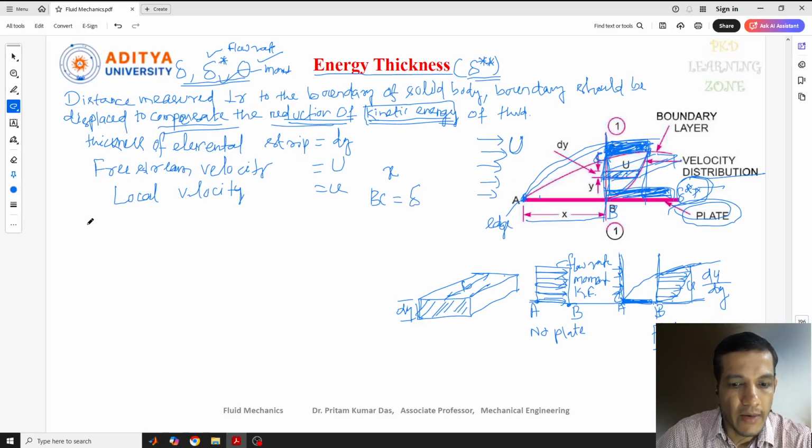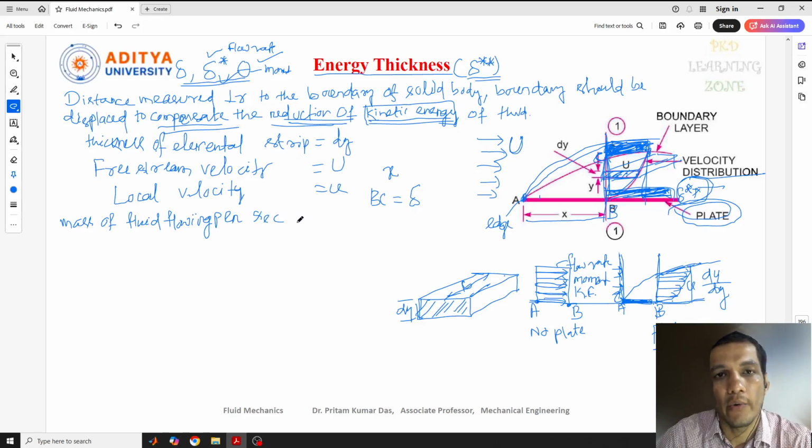Anyway, we will find out the mass flow rate. So write down the mass of fluid flowing per second through the elemental strip. We know the formula rho AV.